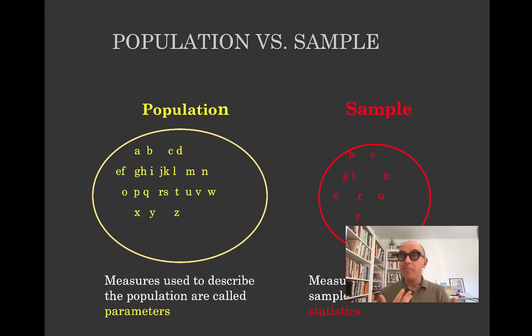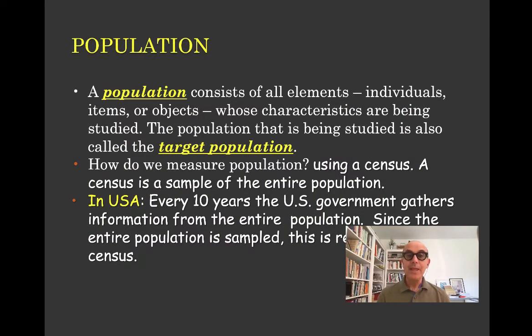And again, this is the core foundation to our class. In this PowerPoint presentation, I gave you definitions and examples. Every 10 years the US government gathers information on the entire population. Since the entire population is surveyed, it's referred to as a census.